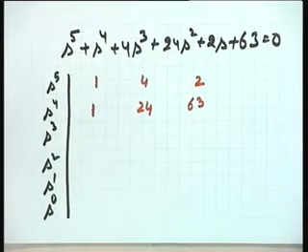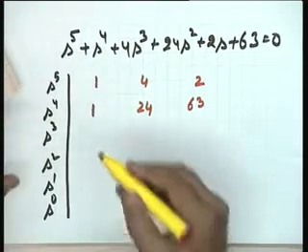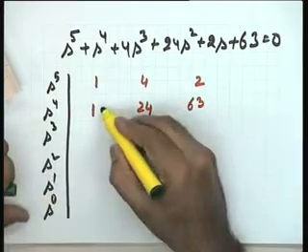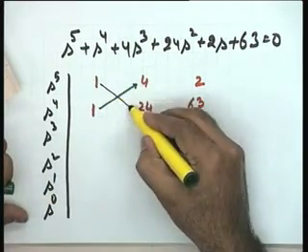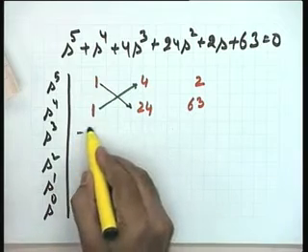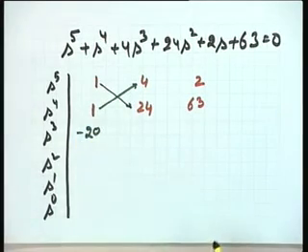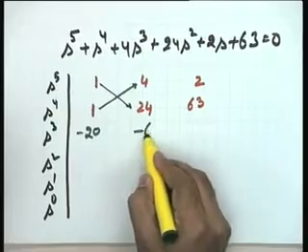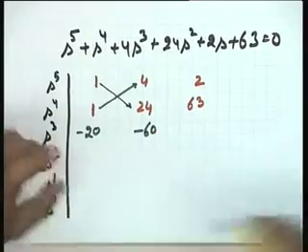So, let us get to the formulation procedure. The formulation procedure demands that the coefficient here will be given by this into this minus this into this divided by 1. I use the table available with me, it is minus 20. Please do check. And this as per my table is minus 60.